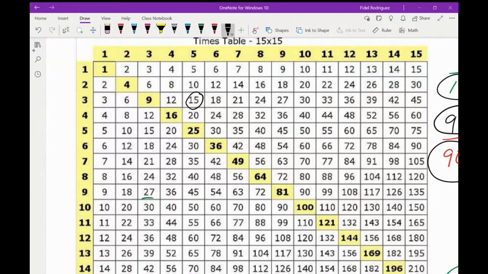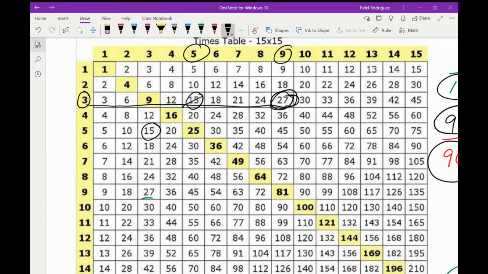So I find it right here and I find it right here. Okay, and if I move to the right, I also find the number 27. That means that they have a common factor of 3. So I can divide both 15 and 27 by 3. So 3 will go into 15 5 times, and 3 will go into 27 9 times, right?